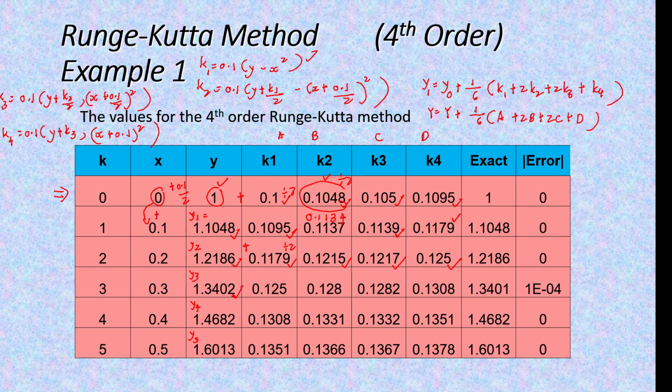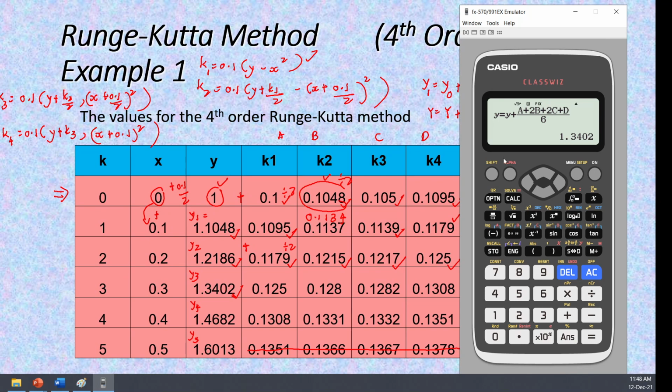So that's Y3. Since we still go up to Y5, you still need to calculate K1, K2, K3, K4 two more times. Search back. Now at the row K equal to 3, calculate K1, K2, K3, K4. For K1, Y is Y3, which is 1.3402.